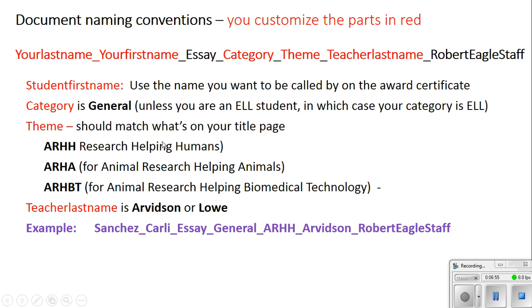You're either going to pick Arvidsson or Lau for the last name. So here's an example of what Carly Sanchez's essay would look like if she were in my class. She was not an ELL student, and she is entering the animal research helping humans category.